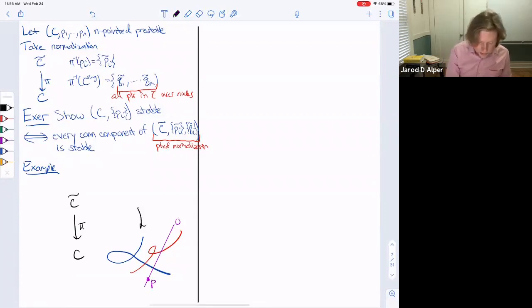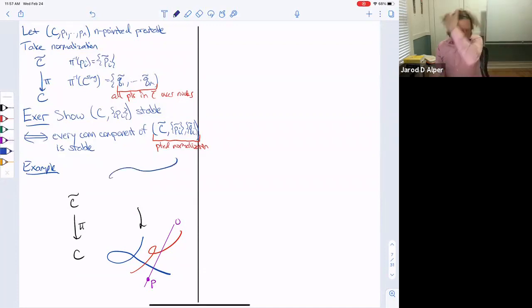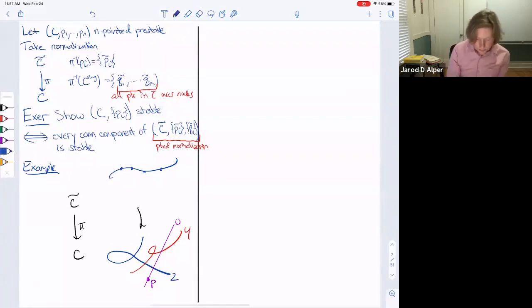But if you take the normalization, then there are 3 components. And on the blue component, the pointed normalization is going to have 4 special points. This gives you 2 points, and then there are these other 2 points. Let's just assume this is genus 4, this is genus 2.